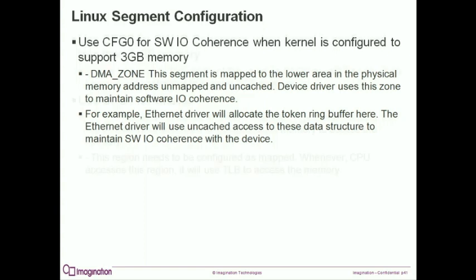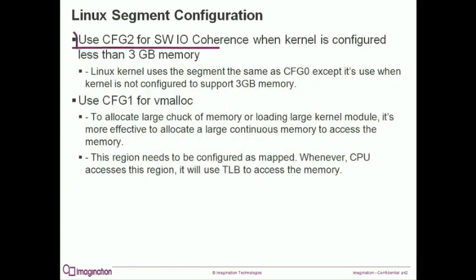The kernel will configure the CFG2 segment for I/O coherence when there is less than 3 gigabytes of RAM memory, the same as it configures the CFG0 segment when there is 3 gigabytes of RAM memory or more. In all cases, the CFG1 segment is configured by the kernel as a map segment used for vmalloc and loading kernel modules.